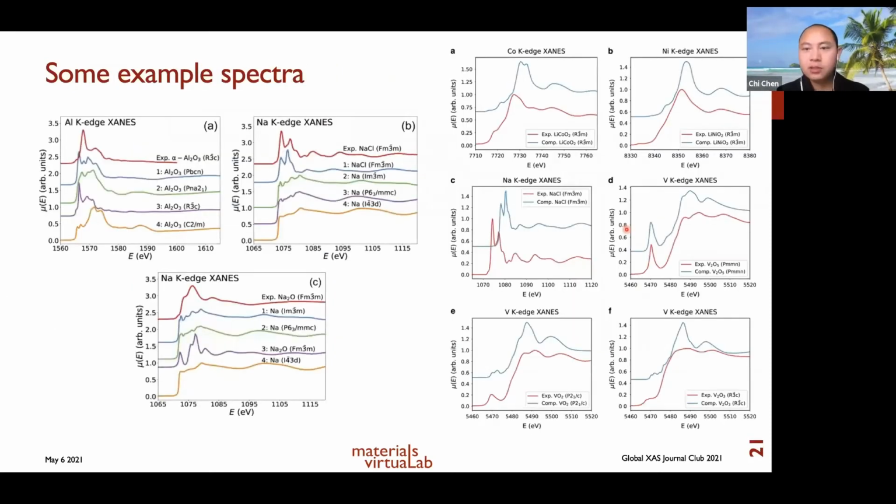Here I'm showing some example spectra. For most of them, the matching between the calculation and experiments is pretty reasonable. Since the Materials Project has a lot of polymorphs, for example for aluminum oxides with many different structures, XANES calculation can help you identify the polymorph among the pool of other polymorphs.